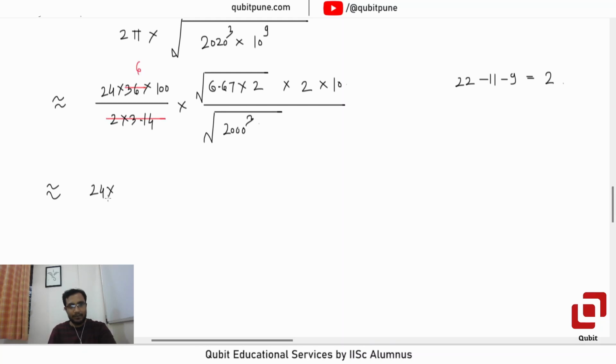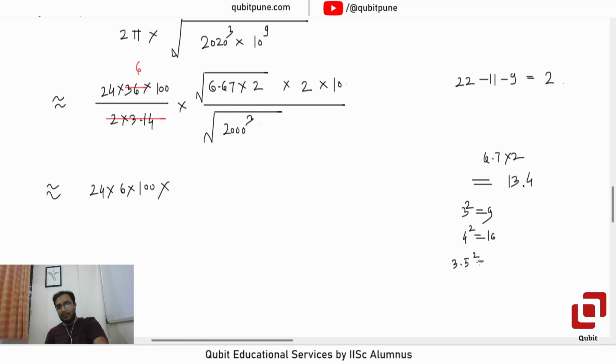So that will be 24 into 6 into 100 into root of 6.7 into 2, which is 13.4. 3 squared is 9, 4 squared is 16, 3.5 squared is 12.25, so maybe I should take it as 12.3, maybe slightly greater than that.